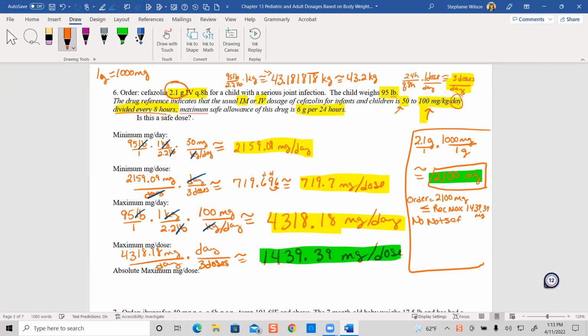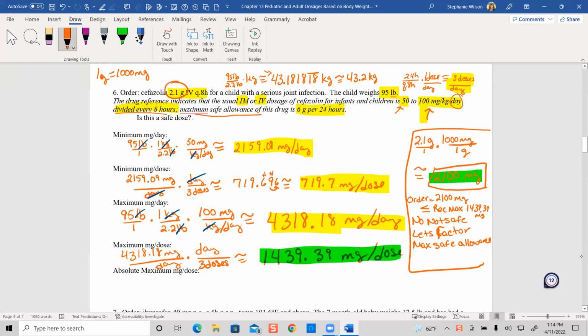Well, let's stop for a second and factor in the maximum daily allowance right here. Safe allowance, max safe allowance. Before I completely say no, this order is not safe. I mean, it's not clearly because of that. It's definitely too large. They're giving more than what's recommended for that patient.